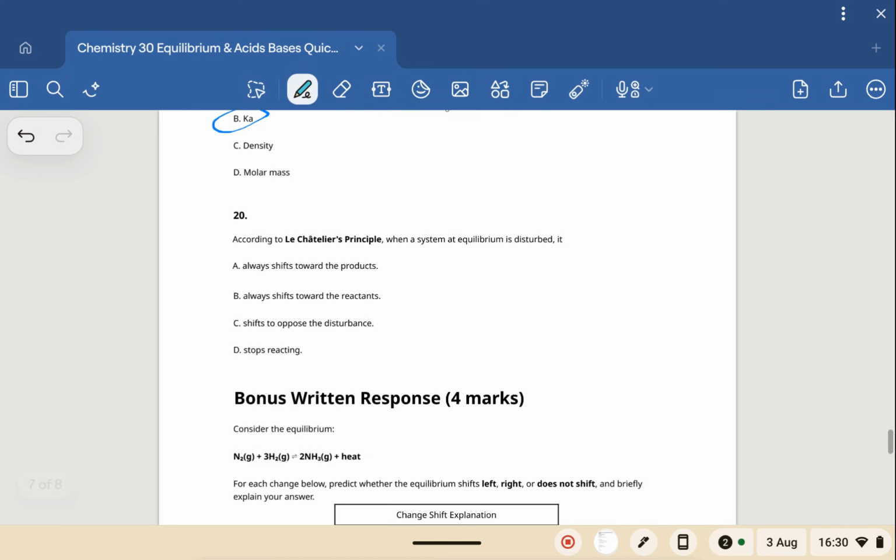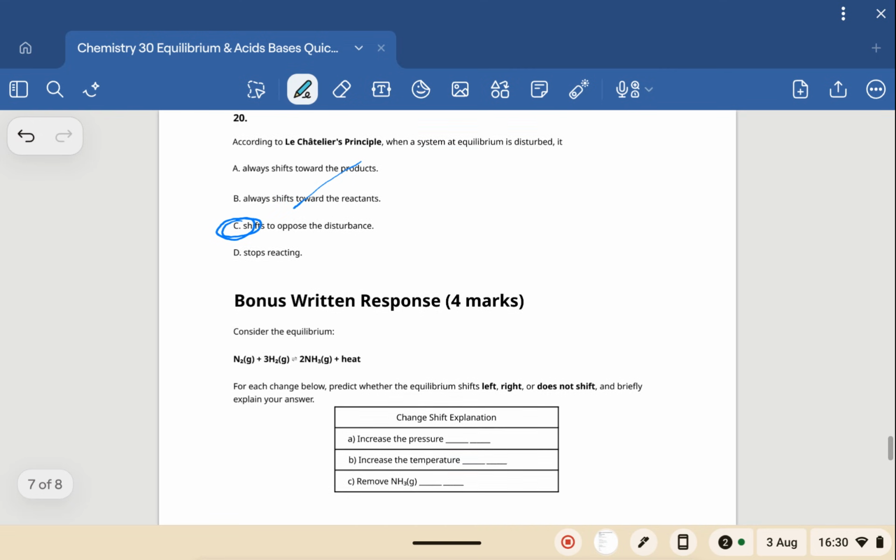Number 20, according to Le Chatelier, when a system at equilibrium is disturbed, it will not always shift in one direction, so we can't say it's A or B, but will it shift to oppose the disturbance? That is Le Chatelier's principle. So if you disturb an equilibrium system, it wants to shift to recover and go back into equilibrium. So you always go into the opposite direction to where the disturbance was.